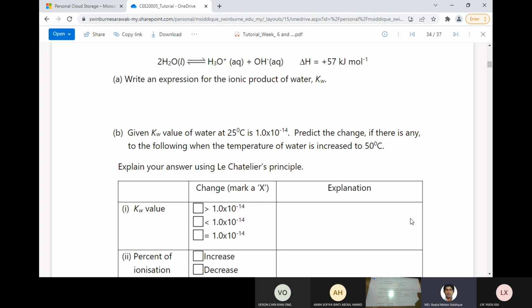Is it correct or not? Yes or no? Kw, the water ionization constant, right? And this is the product of the ions that are produced from the ionization of water.